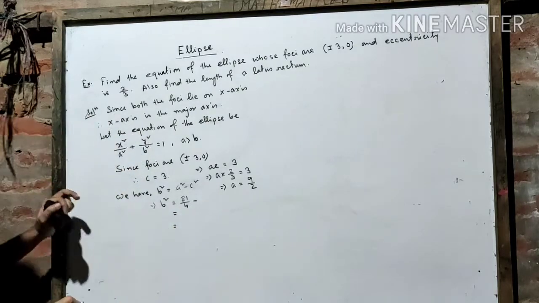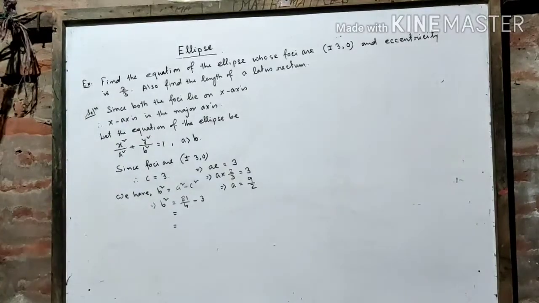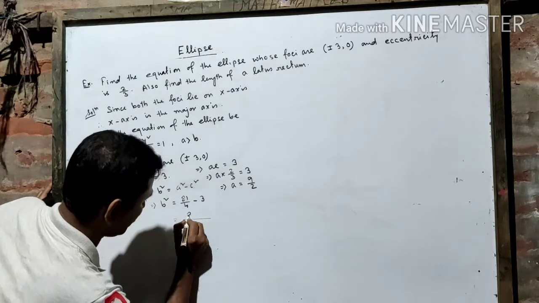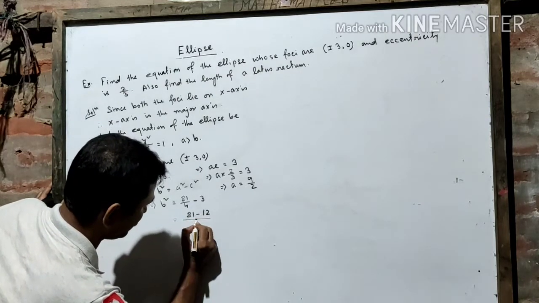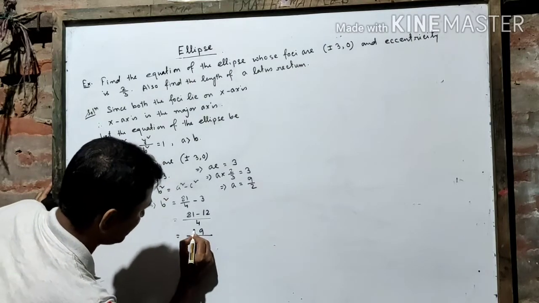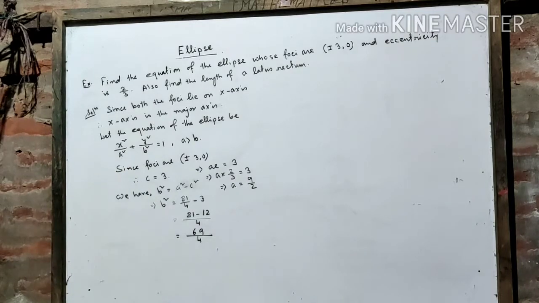What is c? c is equal to 3. All right. So b square is equal to 81 minus 12 by 4. This is equal to 69 by 4. Thus we find the values of a and b.